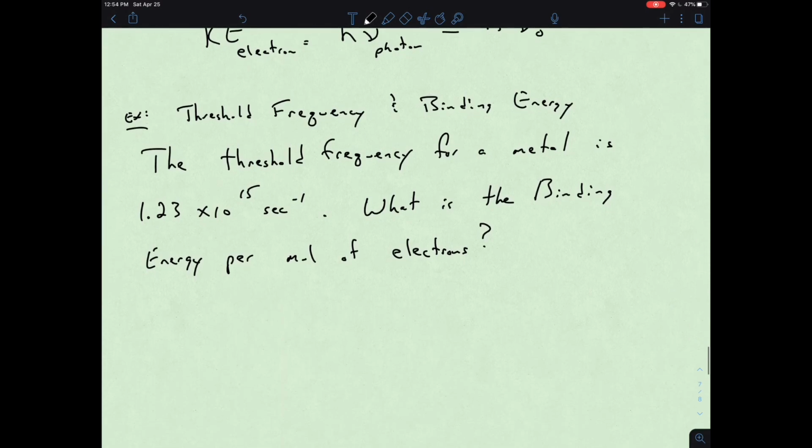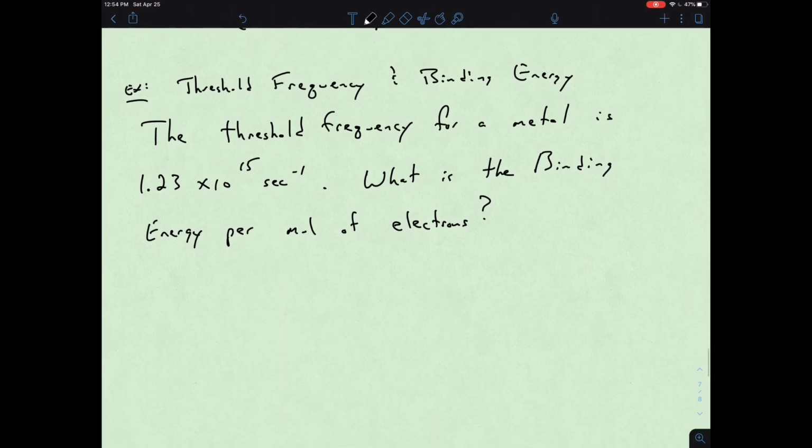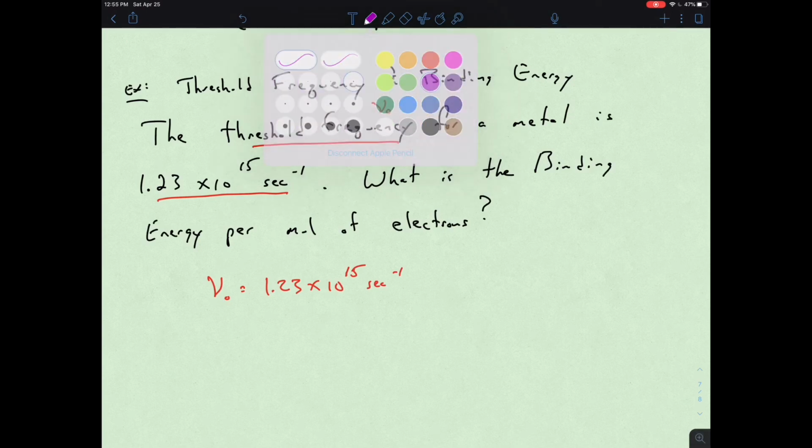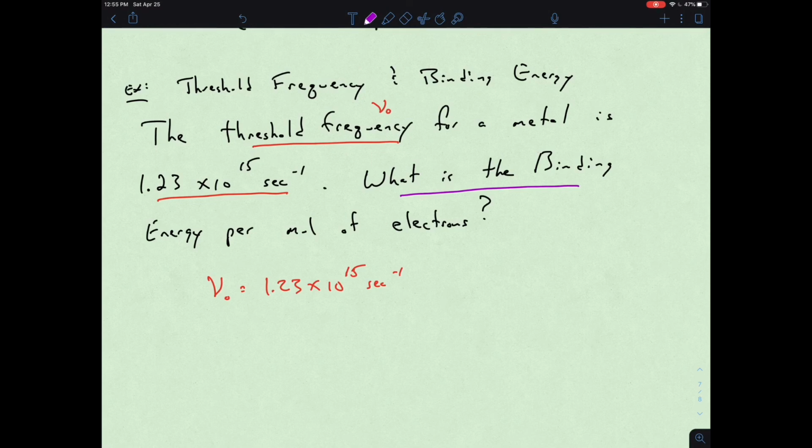So here, if we look at our question, let's see what we're given. We're given the threshold frequency for our particular metal. So we know what that is. And what we want to figure out is the binding energy per mole. So that means we want to figure out the binding energy, but that's usually joules per particle.